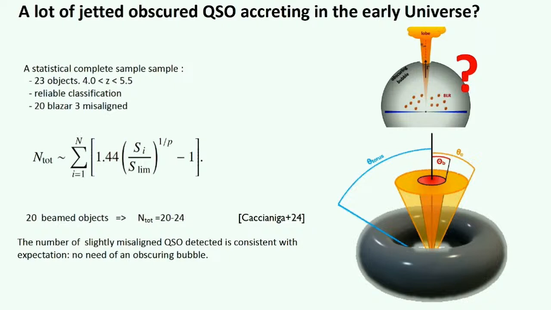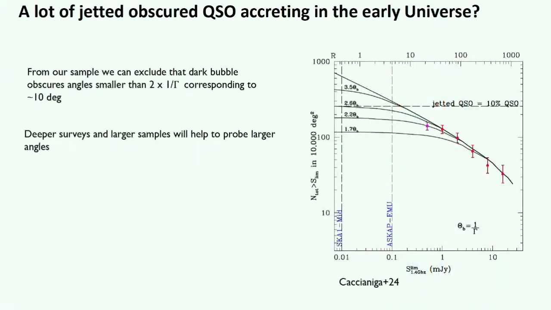The reference of this work is plotted here, and we also went a little bit further, trying to see how large is the angle that we can exclude in the geometry of the dark bubble. Basically, in our sample, we cannot say too much.